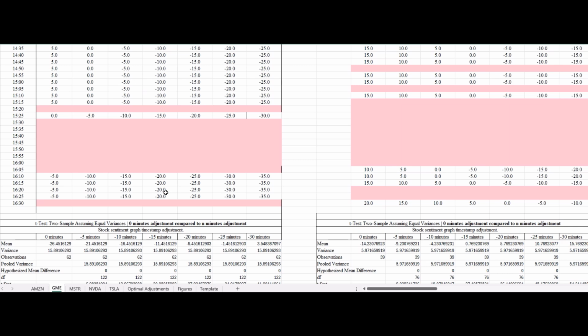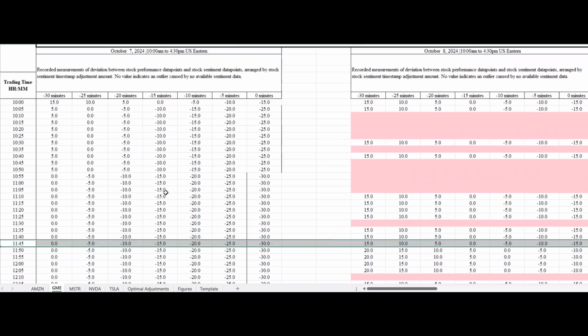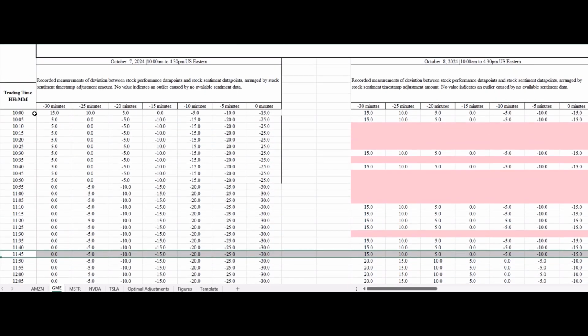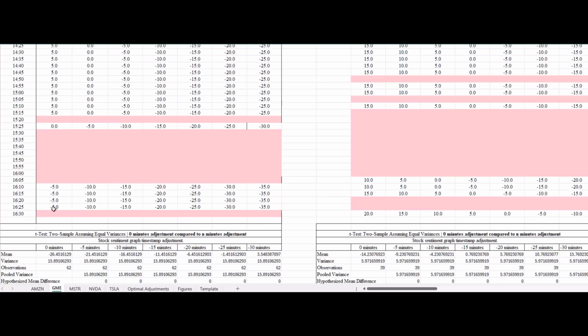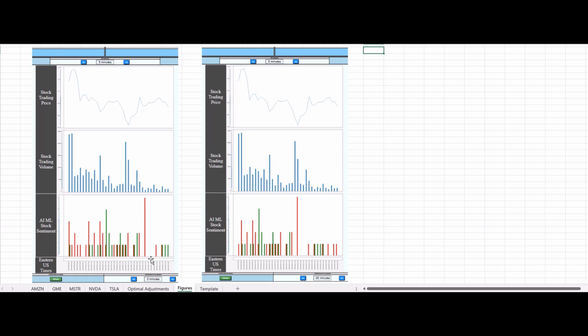You'll notice that there is the potential for 78 observations in one day of trading. However, where you see the red, where you see no data, for example in this area here, there was no stock sentiment data provided.